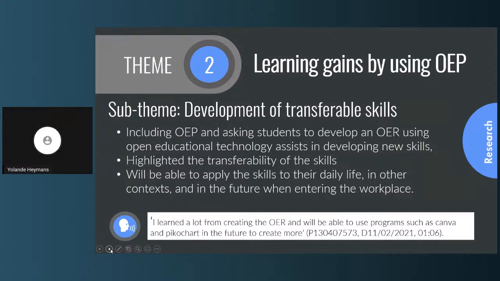And then they will also be able to apply those skills to their daily lives in other contexts and in future when entering the workplace. For me it was very important when they said, "I learned a lot from creating this open educational resource, and I will be able to use programs such as Canva and Picsart in the future for developing other content."